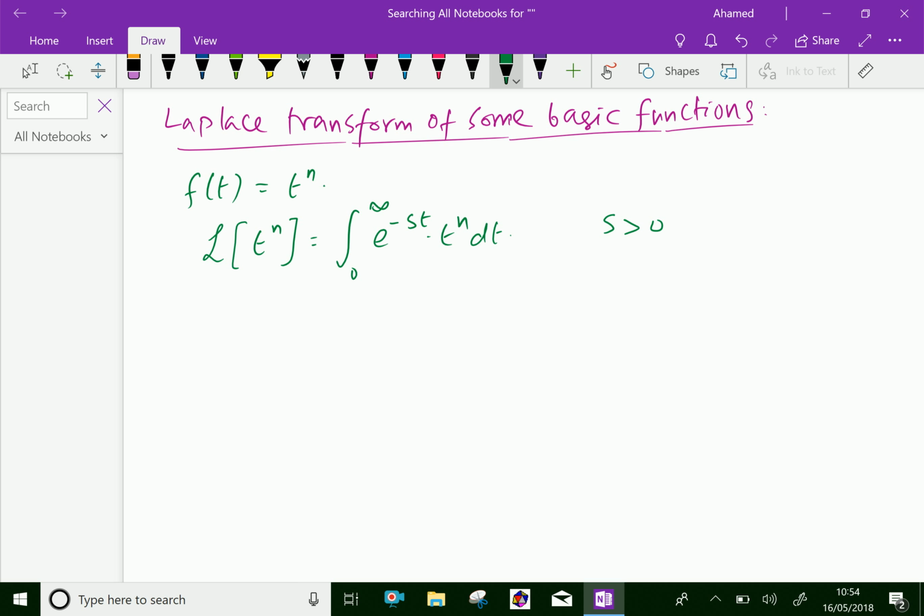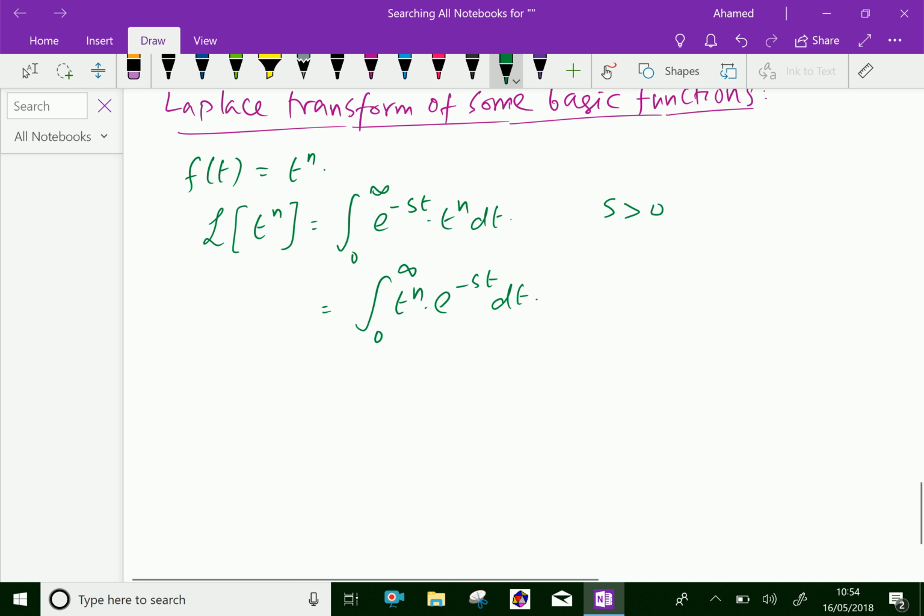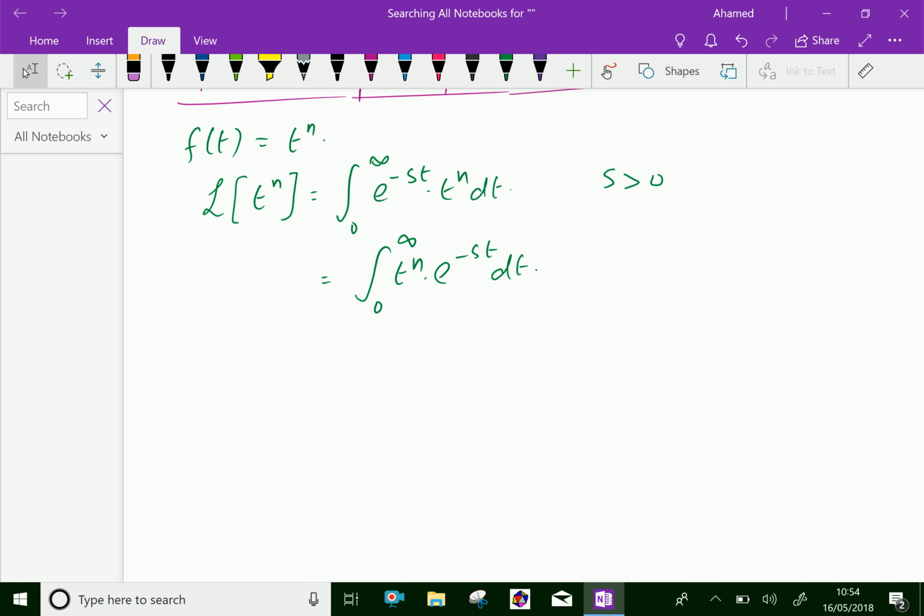Now we can write this integral like this, 0 to infinity. First write t power n into e power minus st. Since e power minus st is easily integrable, it is the second function.